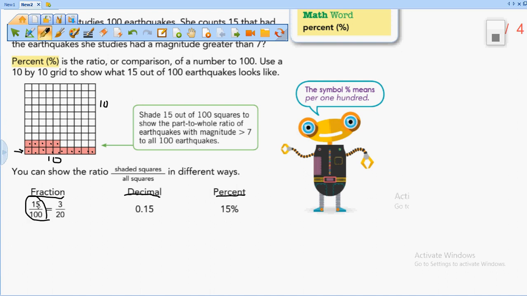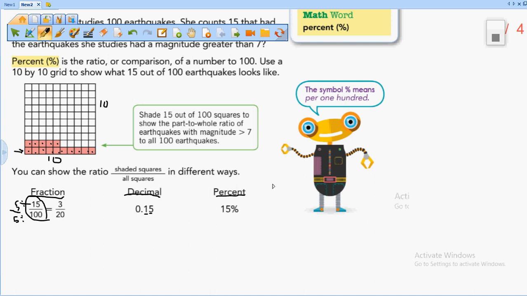When I simplify it, I can divide both by 5. If I want to show my answer in simplest form, I can divide both by 5. So the answer becomes 3 out of 20. Or as a decimal, I can say 0.15, and as a percentage, 15 shaded parts out of 100.